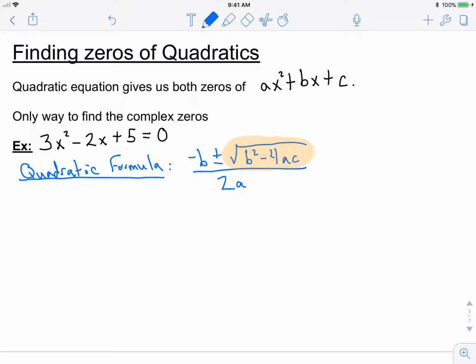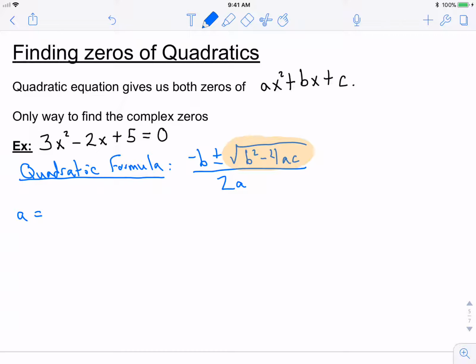Up until now, we've never had a way to deal with this. But now that we know some stuff about complex numbers, we can actually simplify these equations and continue factoring down our polynomials into linear terms. So let's give this a shot with 3x² - 2x + 5 = 0 and see what we get.